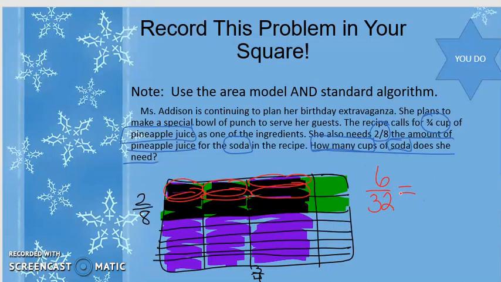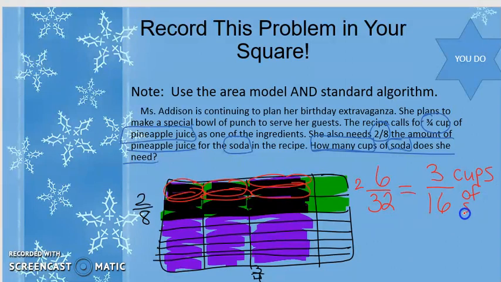And we need to simplify because we know that 2 can go into 6 3 times, and 2 can go into 32 16 times. So 3/16 is the cups of soda we're going to need.